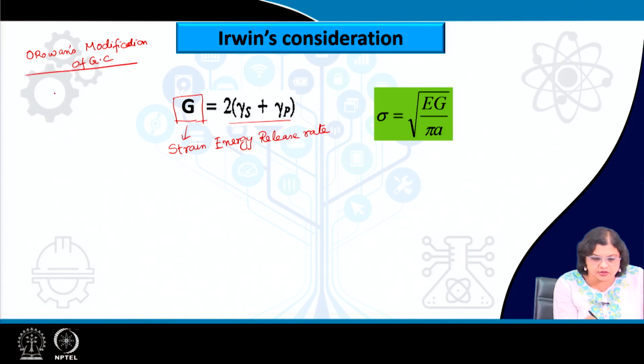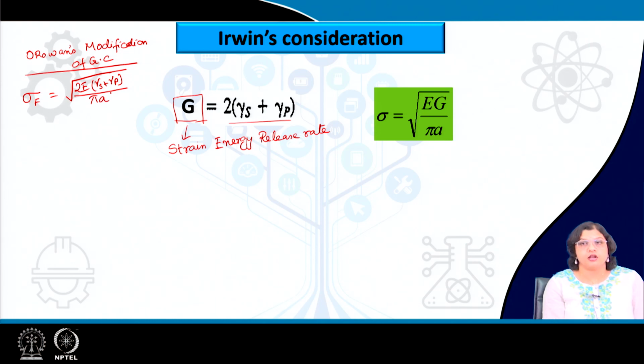Orowan's modification says that fracture strength is not only related to surface energy, but it should be related to the plastic work energy as well. This plastic energy is quite a high number, which should not be ignored. In case of ductile materials, if we ignore it, that can lead to some discrepancy in the estimated values.